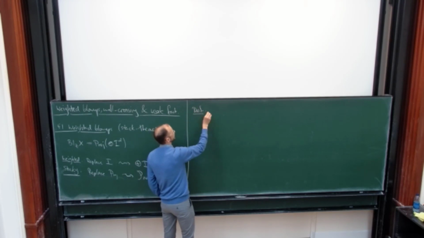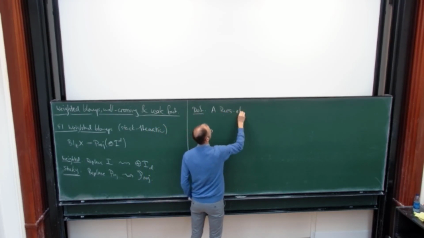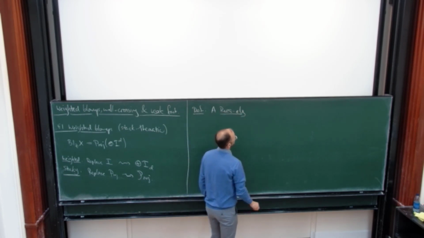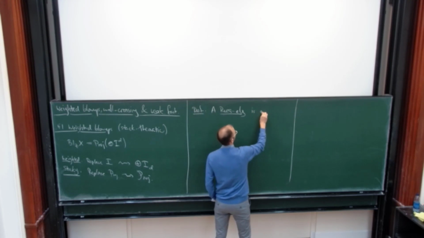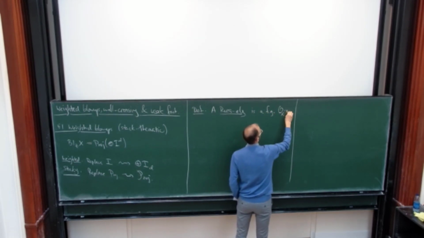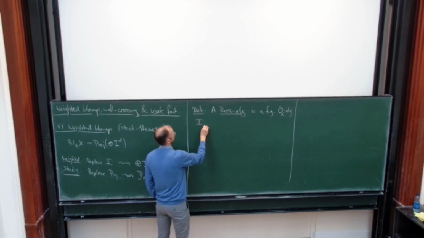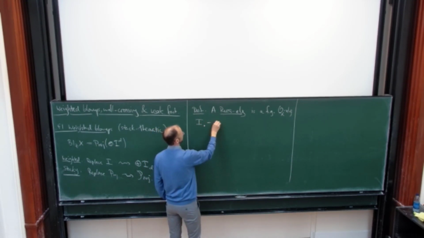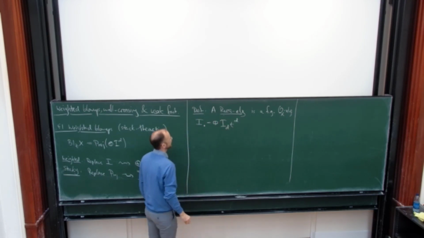So for me, a Rees algebra is a finitely generated Z-graded algebra called I dot, or I was thinking of I_d t^d.